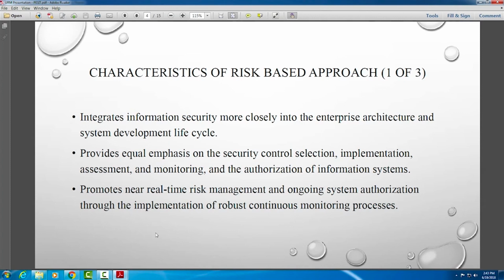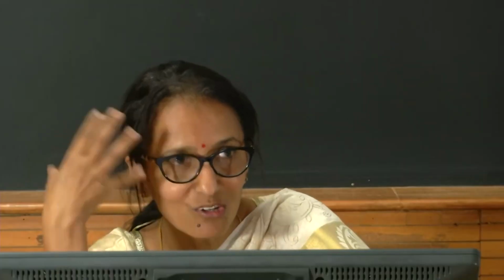What is your assessment and monitoring? What are all the different control measures that you are using? That is what risk management is all about, how well we use all three processes: risk assessment, mitigation and evaluation.